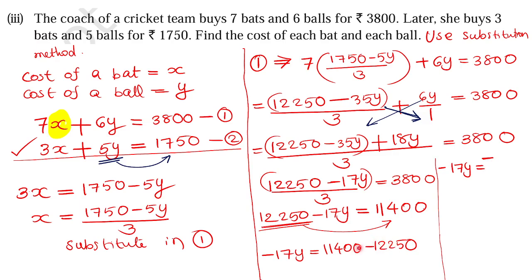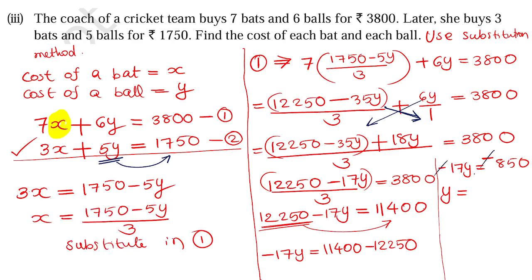Take the difference of them. Let me take the difference, 1 minute. What is that? 12250 minus 11400. 850. I got 850. So y equal to, you may immediately cancel the negative sign on both sides.